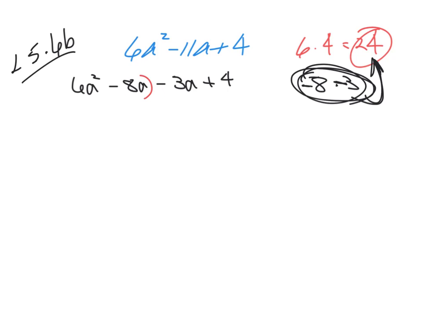And then we group, and we look and see what's common here. 2a is the only thing common, and that leaves me with a 3a minus 4. Because I factored a 2a out of this, it leaves me a 3a. 2a out of there leaves me with a 4.